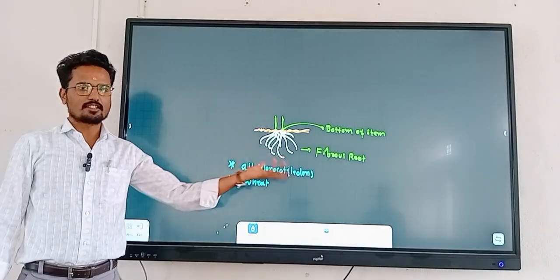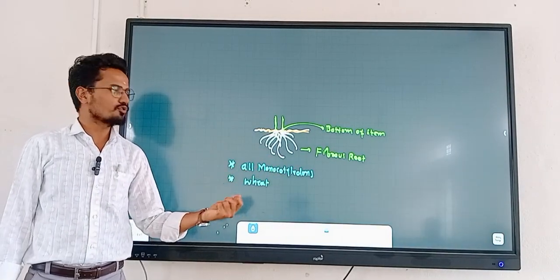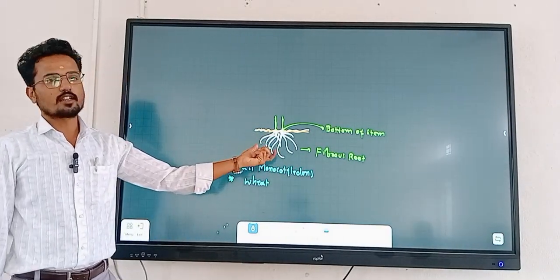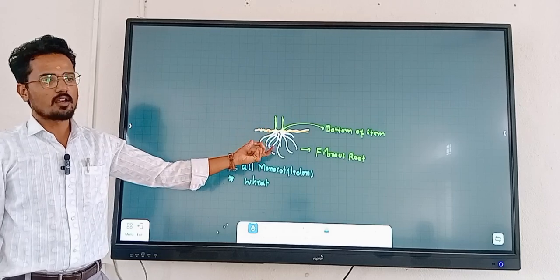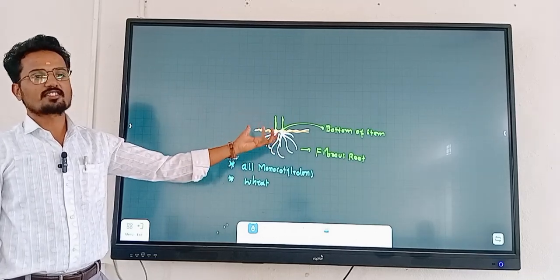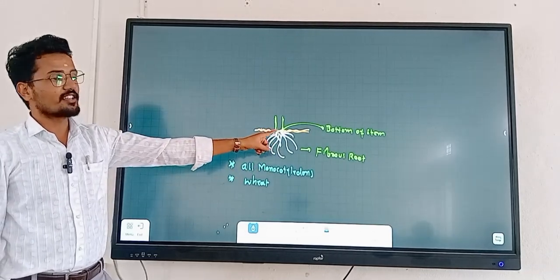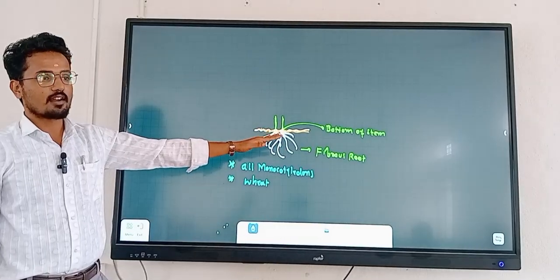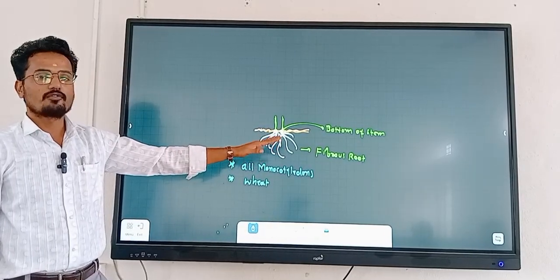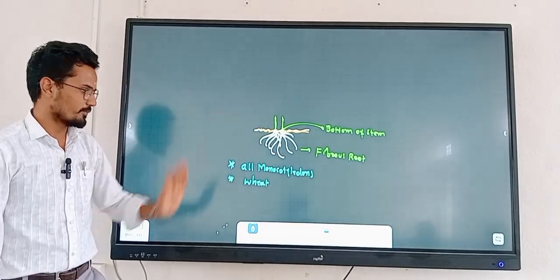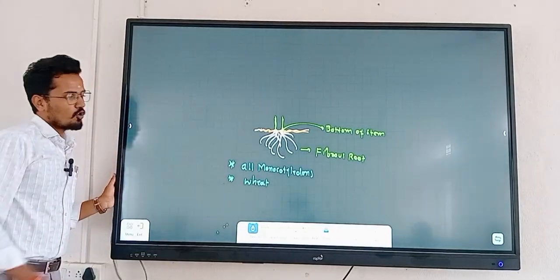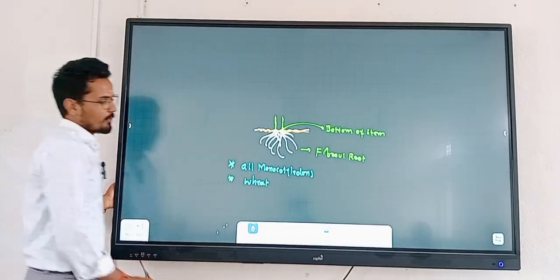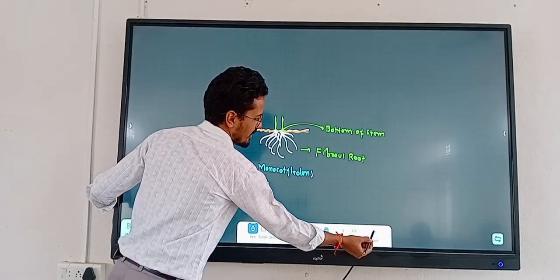Randomly we can take any grass plant. When we pick it out, we see a bunch of fibers uniform in size and shape, directly arising from the bottom of the stem. That is called a fibrous root system. We'll see the next type of root system in the next slide.